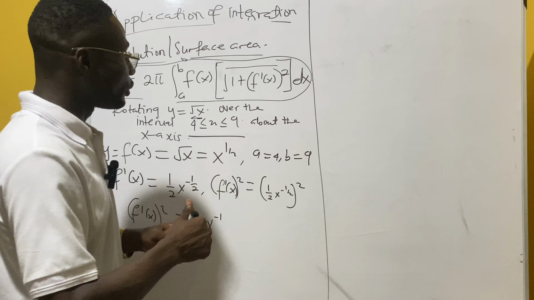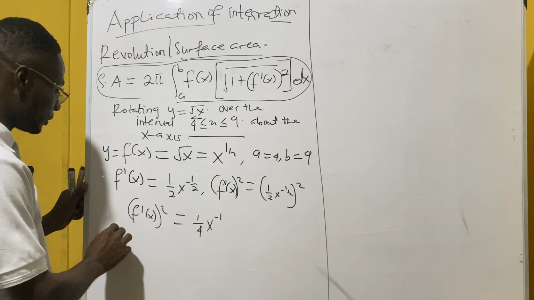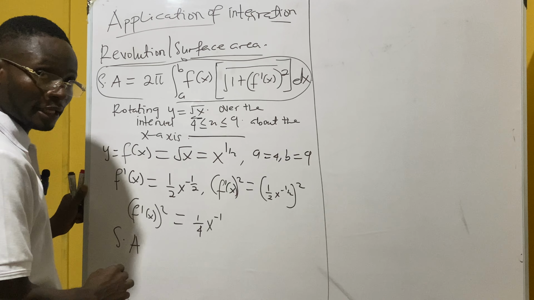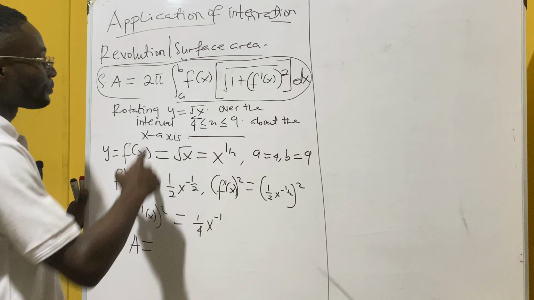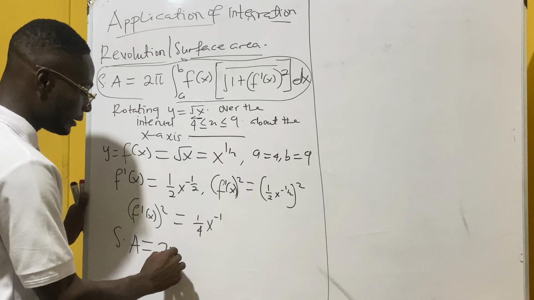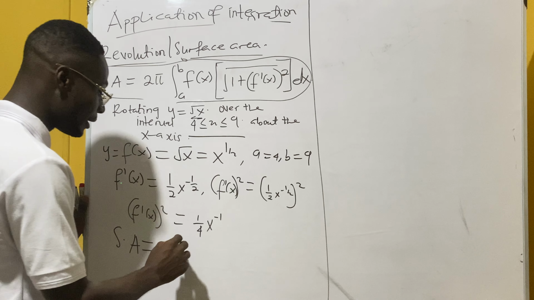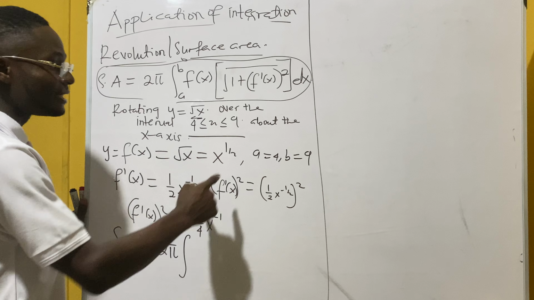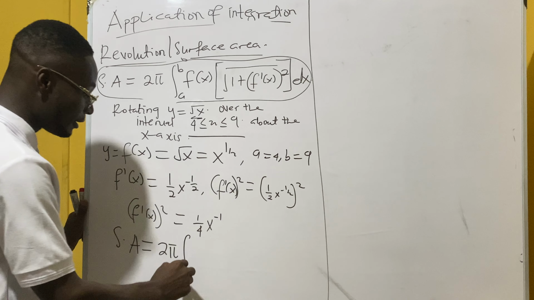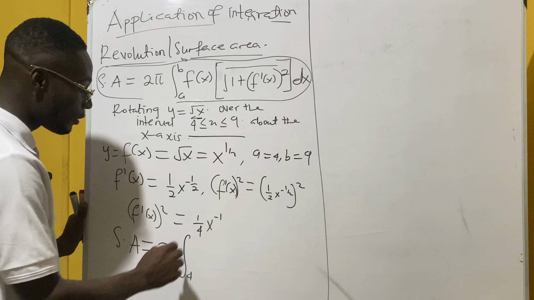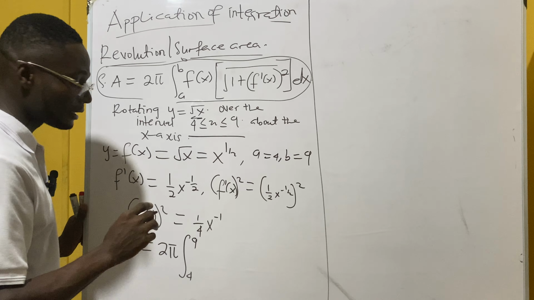We're going to have our surface area, denoted as SA, equal to 2 pi, then we integrate over the interval where the lower limit is 4 and the upper limit is 9.